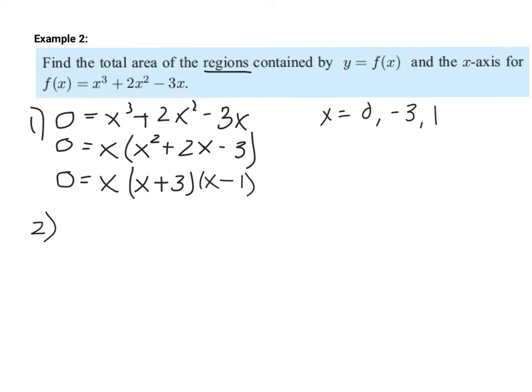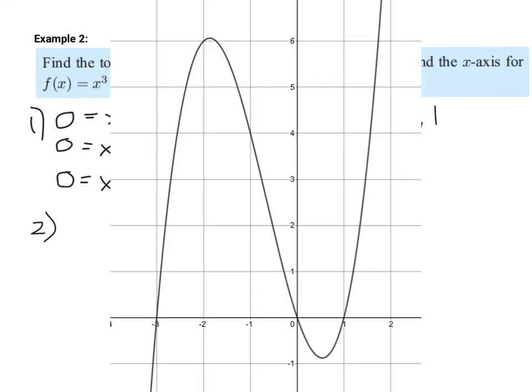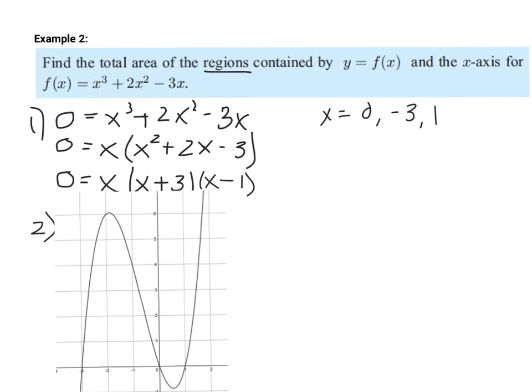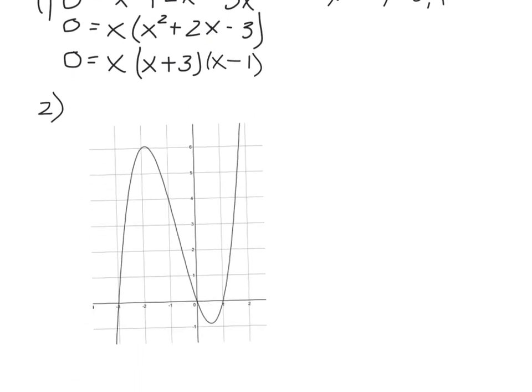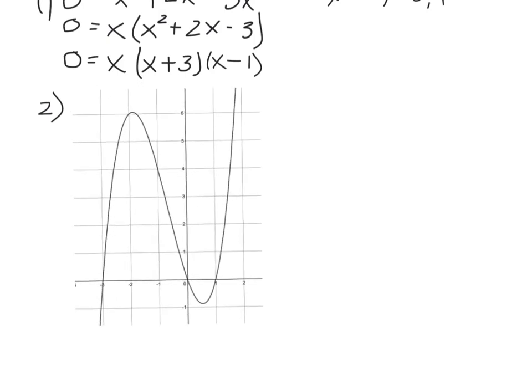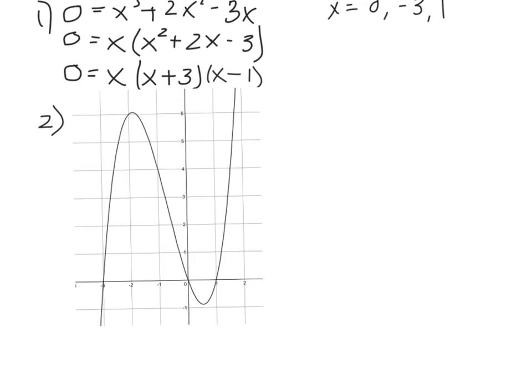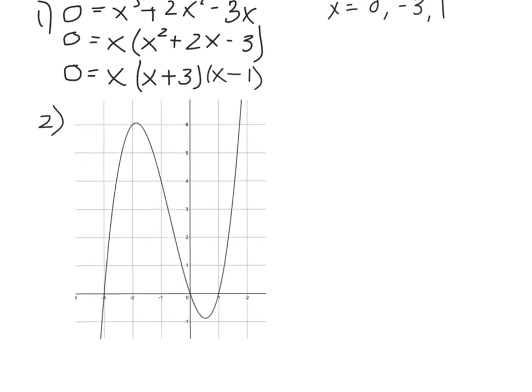In order to find out which function is on top, either the x-axis or our cubic function, I think it's best to look at what the graph of this function looks like. I've already graphed it on Desmos for you. And here it is, here's our cubic function. You can see our x-intercepts at -3, 0, and 1.